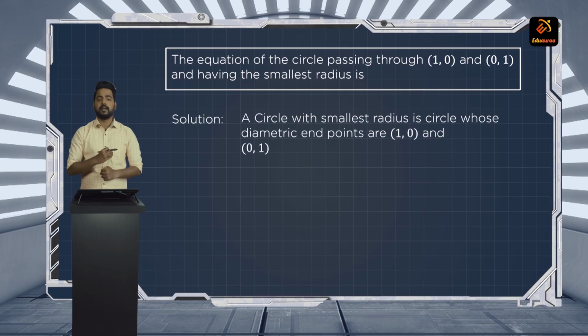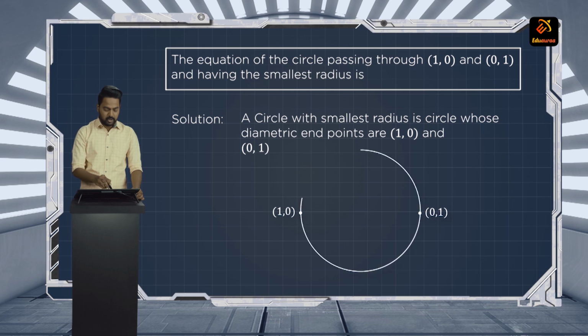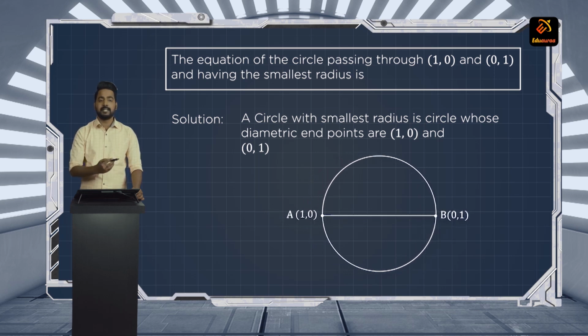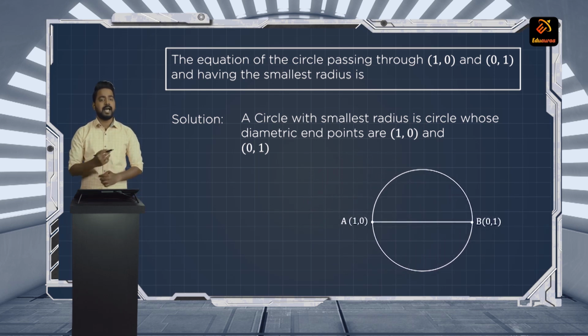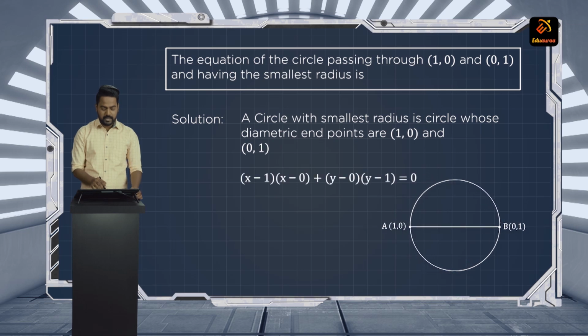Now I know a circle with the smallest radius will have the diametric endpoints as what? (1, 0) and (0, 1). So we'll draw a circle whose diameter is what? (1, 0) and (0, 1). We'll name those points as A and B. So using the diametric form, it will be (x minus 1) into (x minus 0) plus (y minus 0) into (y minus 1) equal to 0.